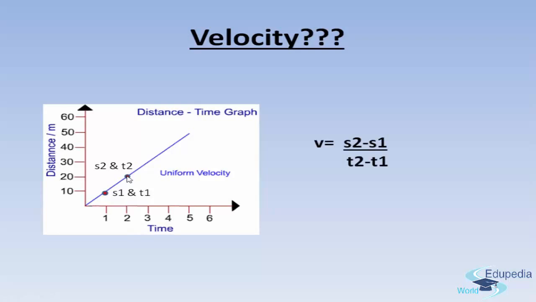So the velocity will be equal to S2 minus S1 divided by T2 minus T1, right? That is the difference in their distances divided by the difference in the time, because distance upon time is velocity. So that is how from the graph itself, from the time and distance relationship graph, we can determine the velocity.